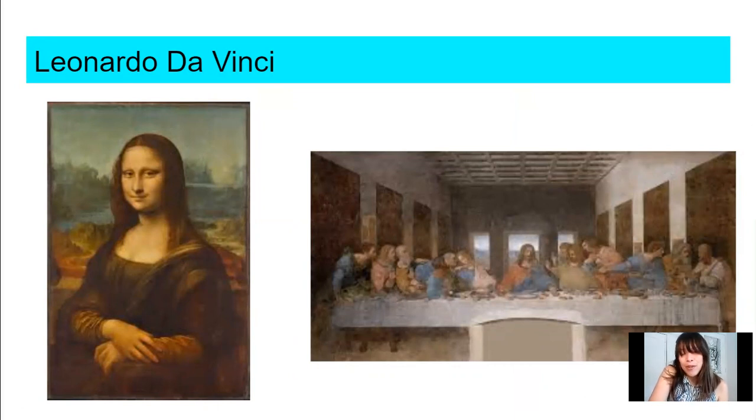Vinci was the place where he was born. That's why he has the name of the place: Leonardo from Vinci, Leonardo da Vinci. As you can see, Leonardo da Vinci was a very famous artist. He was part of a movement called the Renaissance in Italy.